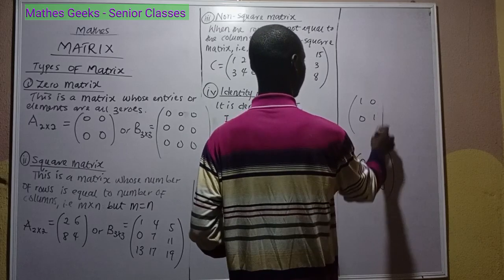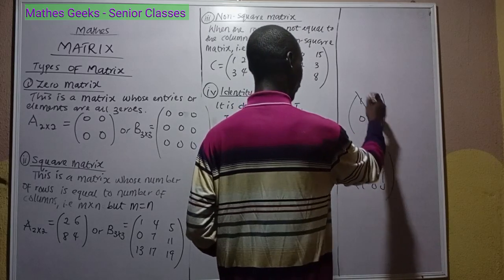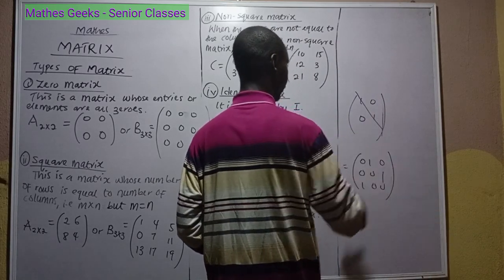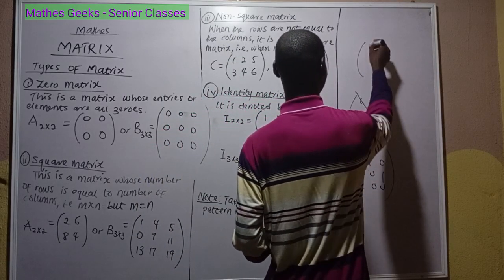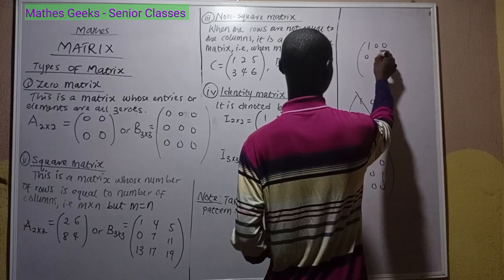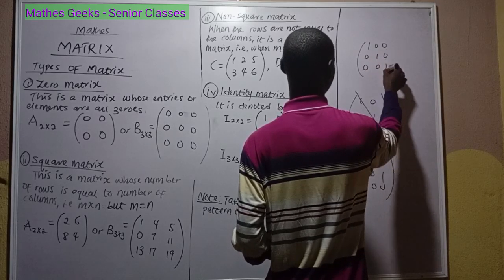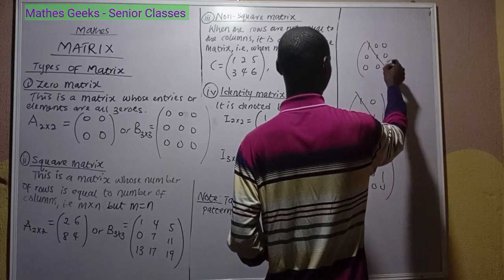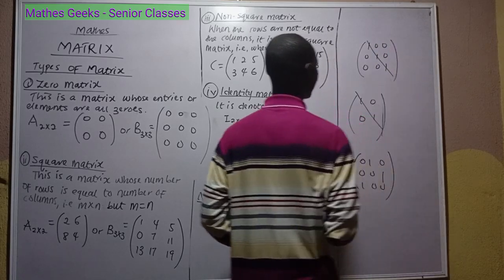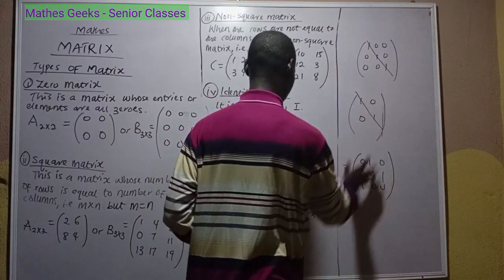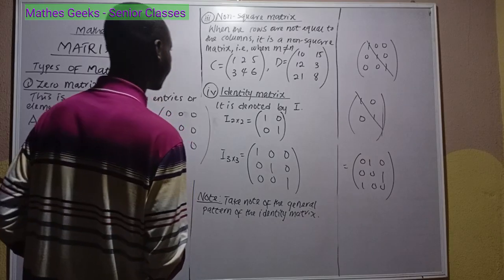When I say diagonal, it means that your 1s are in a diagonal pattern. Same with the 3 by 3 matrix, where you have 1, 0, 0, 0, 1, 0, 0, 0, 1. Consider the 1s in a diagonal pattern, and that's it. This is the general pattern of the identity matrix.